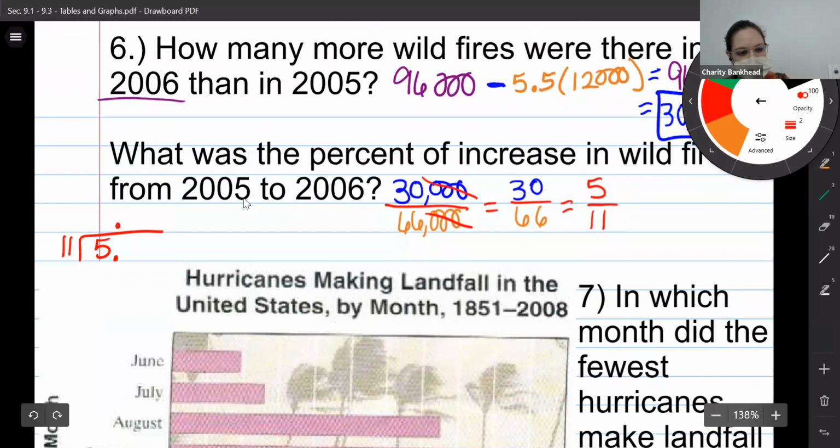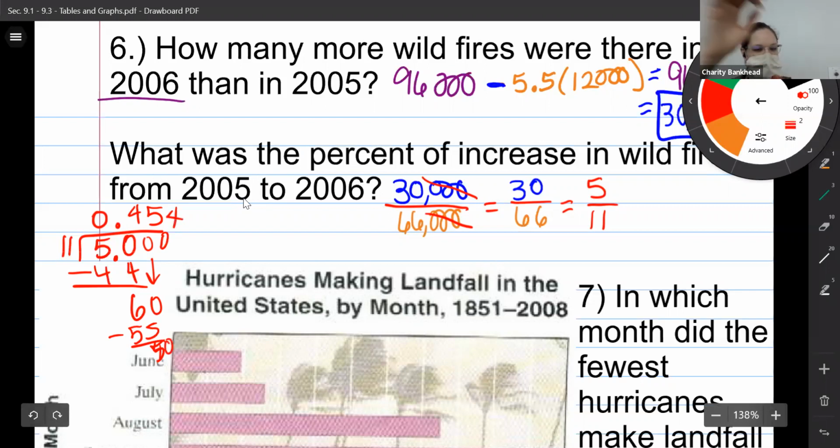So 11 doesn't go into 5, but 11 can go into 50 4 times. 44, 6. So let's just say we round this to the nearest hundredth. So it's going to be approximately 45%.